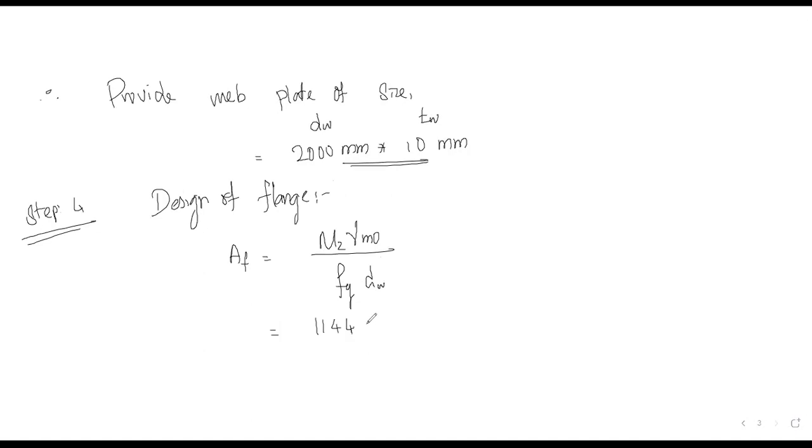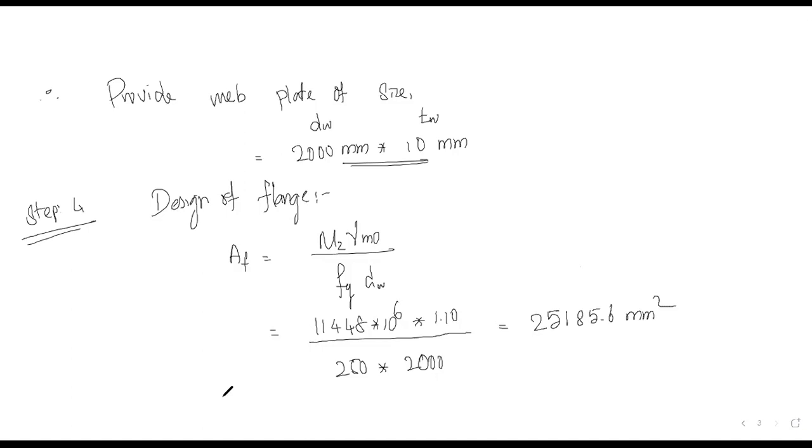So 11,448 into 10 to the power 6 into gamma m0, value from table 5, is 1.1. Fy value is 250 newton per mm square. The depth of web we have arrived at is 2000. If I substitute this, 11,448 into 10 to the power 6 into 1.1 divided by 250.